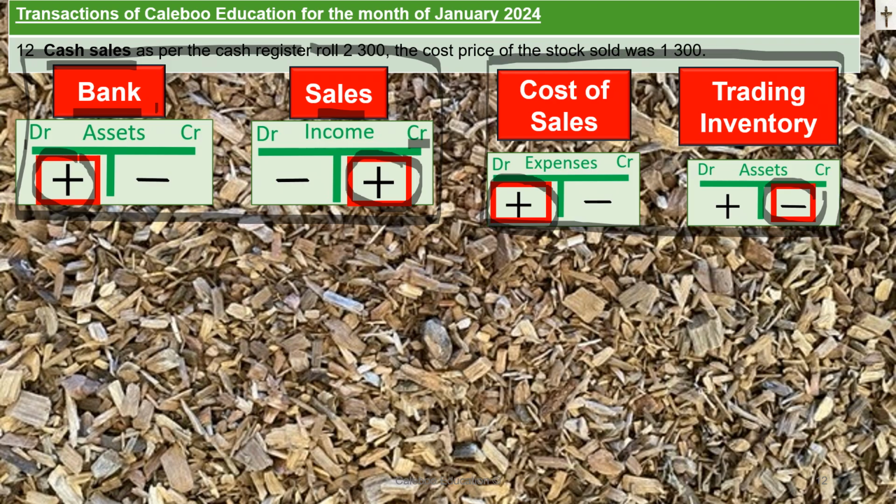When you make a sale, these two accounts go together and those two accounts go together. Bank and sales go together. If it was a credit sale, it would be accounts receivable and sales. And then the second part of the sale, debit cost of sales, credit trading inventory.